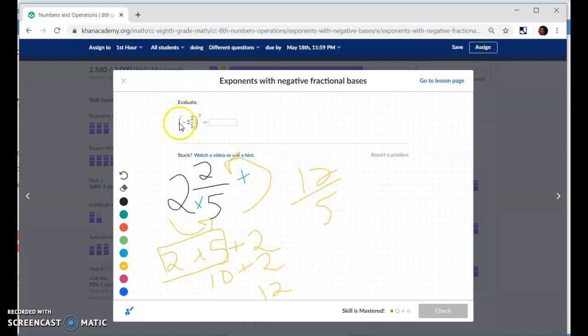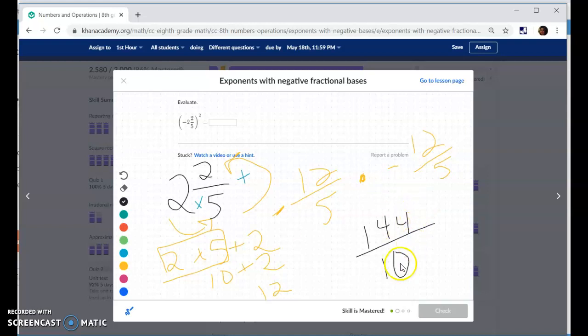As you can see, I'm ignoring the negative. The only reason I'm ignoring it is because I see that my exponent is even, so my number has to be positive, because this is what we're doing. Negative 12 over 5 times negative 12 over 5 is essentially what we're doing. Okay, that's a multiplication right there. So 12 times 12 is 144. 5 times 5 is 10.